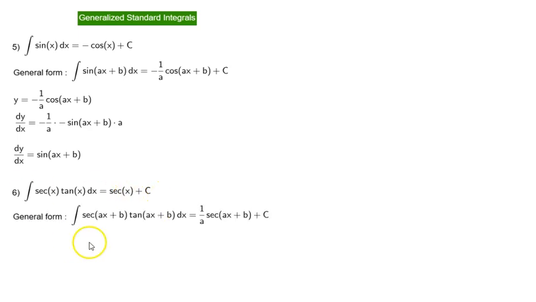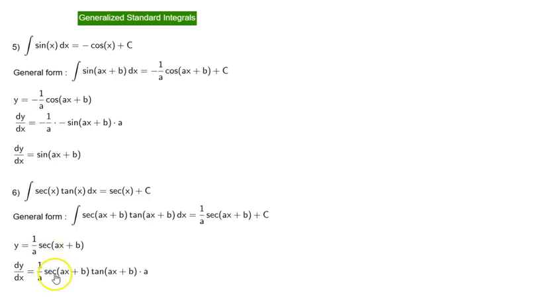So again, the general form would be integral of sec of ax plus b tan of ax plus b dx. And this would be equal to 1 by a sec of ax plus b plus c. So again, let's verify. y is equal to the right hand side. Differentiating it, we get dy by dx is equal to 1 by a constant, times the derivative of sec x, which is sec times tan.